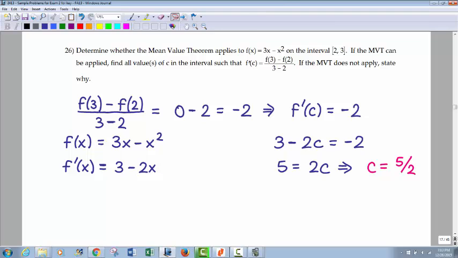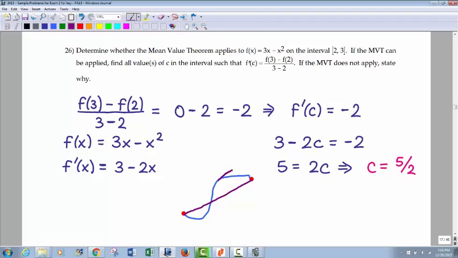So what we have to do is find the values of c. In setting the derivative equal to the slope between those 2 points, the secant line slope, they don't have to be the same thing. Let's say there's a point here, and then maybe your graph does this, and you're trying to find where it equals that slope, parallel to that slope.